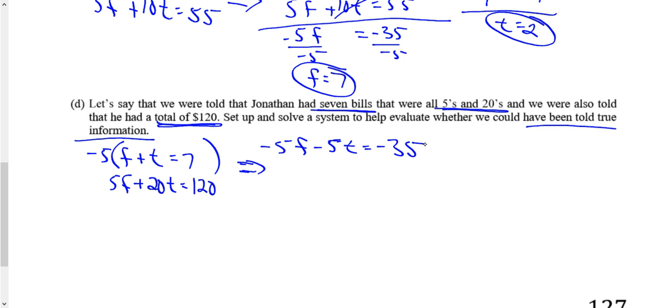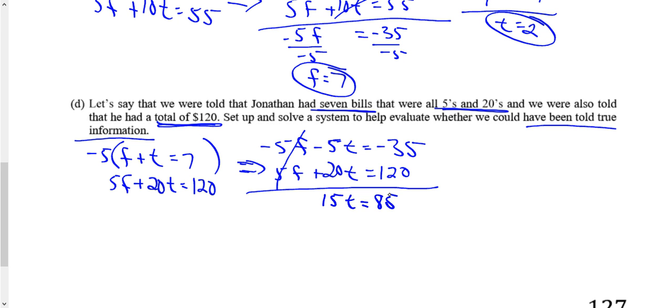And then bring the other one over, 5F plus 20T equals 120. Now we add them, these go away, and we get 15T equals 85. Divide by 15. And how many tens are there? 5.67. 5 and 2/3.